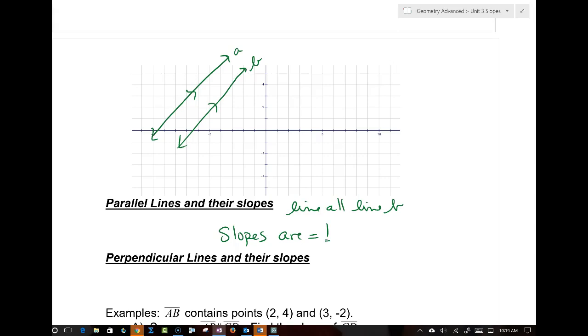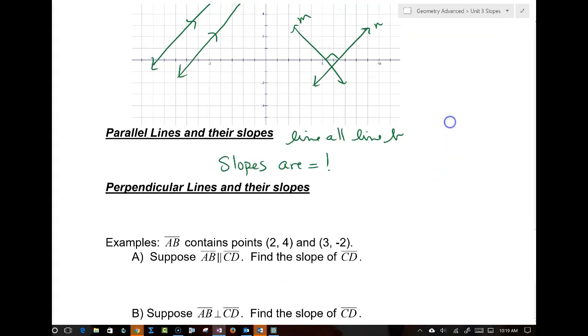But remember, we also have perpendicular, guys. Perpendicular lines intersect at what? Right angles. So here, let's just call this one M. Let's call this one N. All right. So we know line M is perpendicular to line N. Now, here's my thing.